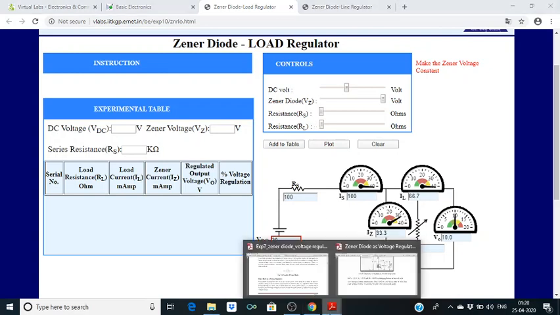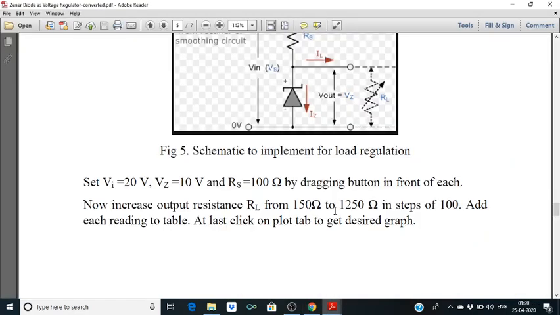Now the RL value we have taken from 150 to 1250 in steps of 100.